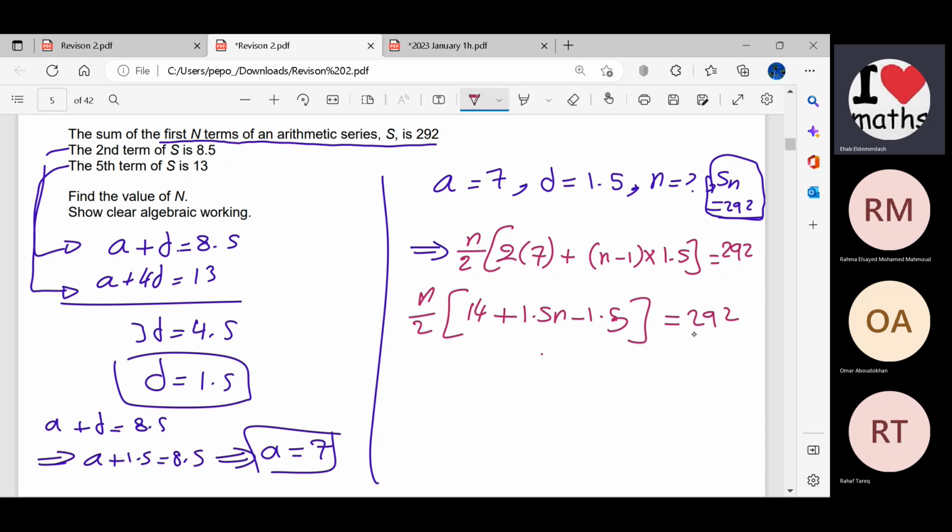I can multiply this equation by 2 to get rid of the fraction.